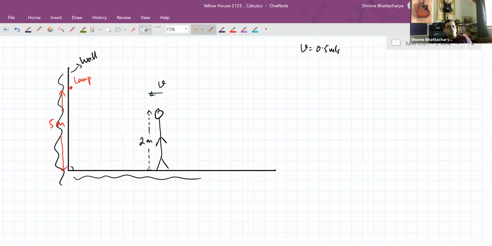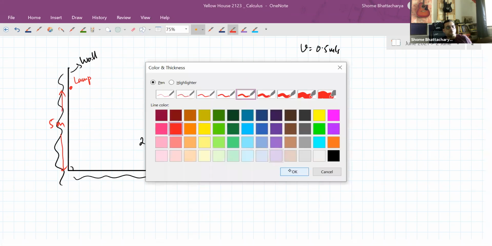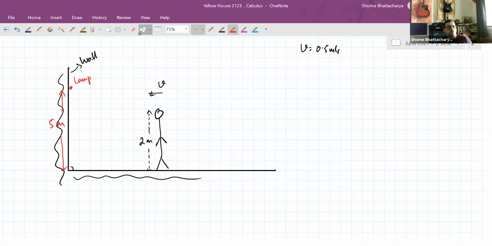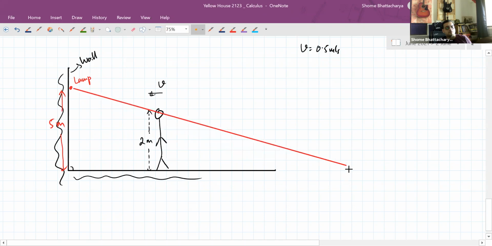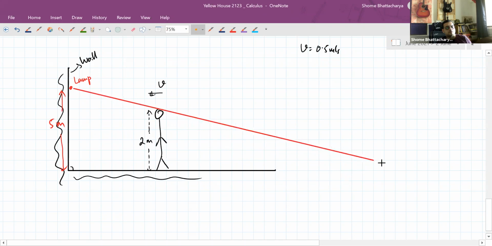So now in this diagram, we can find out the position of the tip of the shadow like this: consider light coming from this lamp, something like this.